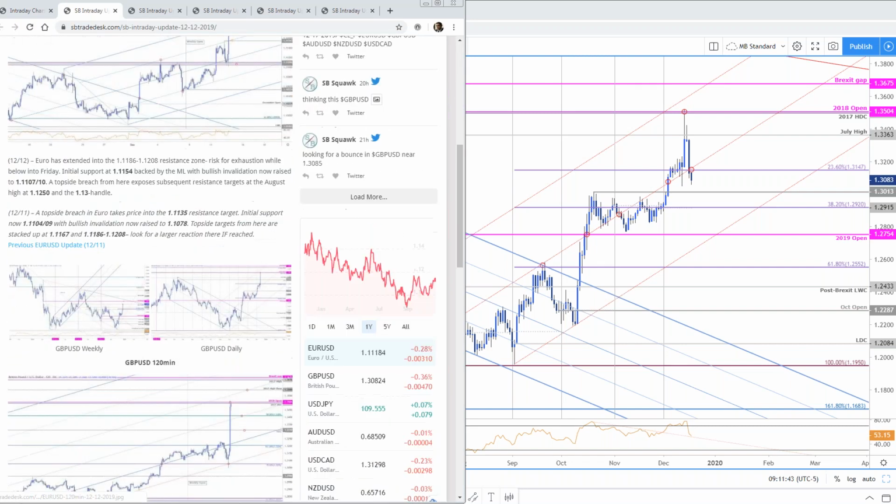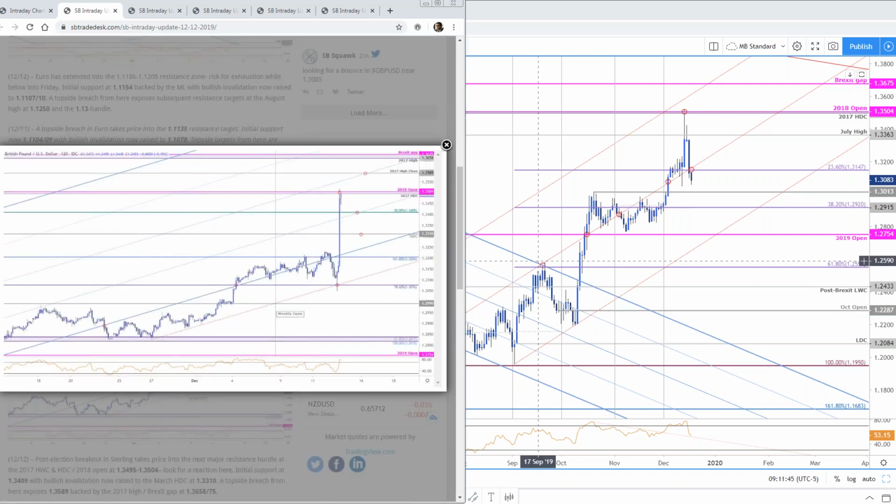Just want to show you this real quick, right? The big zone that we rammed into was the 2018 open and the 2017 high day close. That gave us a range of 135.04 into 134.95 or so, right here. As I was writing this report last week, that was the exact range that we were talking about.